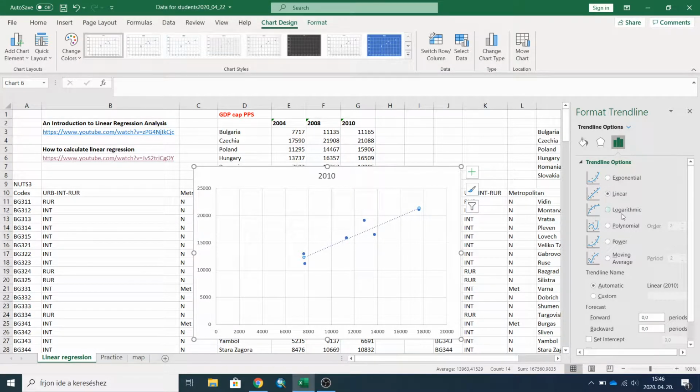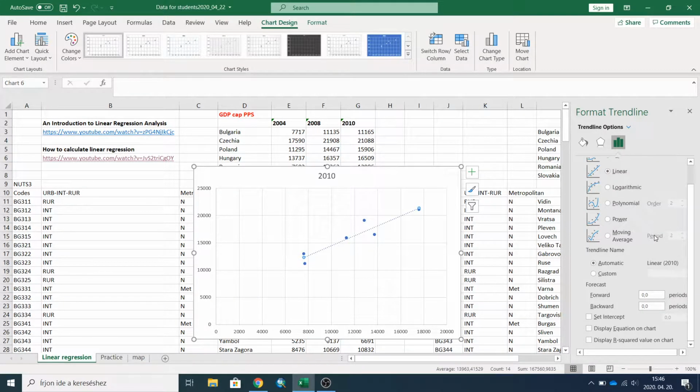If you have other options, logarithmic, polynomial, exponential, there are a lot of options, but we have to analyze the linear connection between GDP per capita data. After that, click display equation on chart, and after that display R-square value on chart.